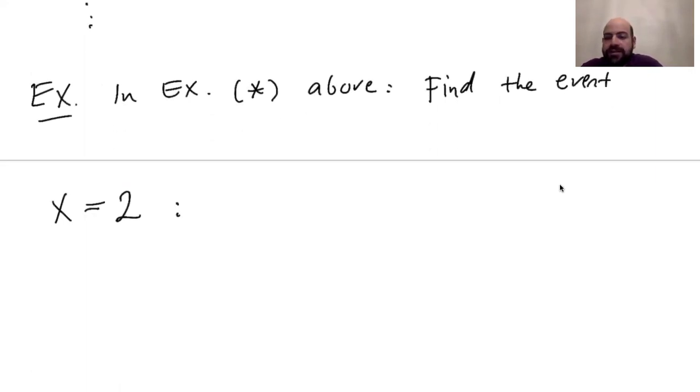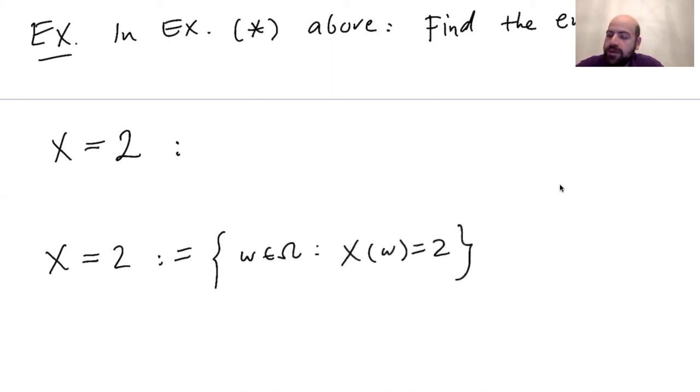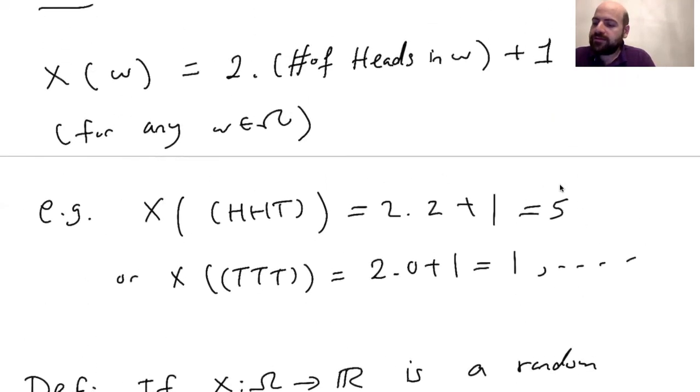So we just said that capital X equals 2 is defined to be an event. Event means a subset of omega, right? So what is capital X equals 2? It is defined to be the set of all omega in omega with the property that capital X of omega is 2. So you have to tell me capital X of which elements in capital omega is 2. Let's look at the example again.